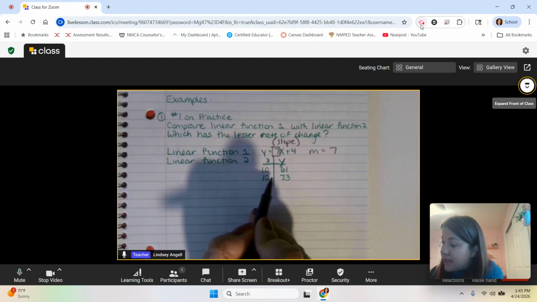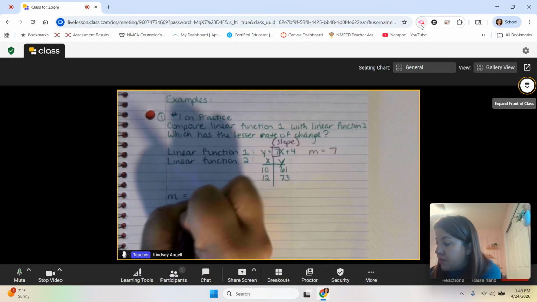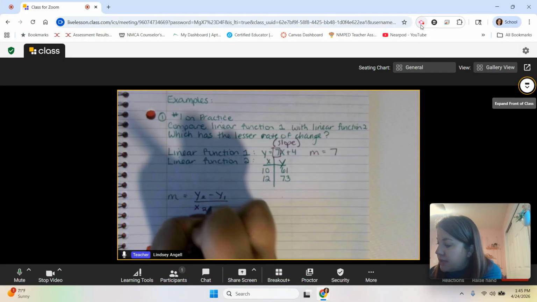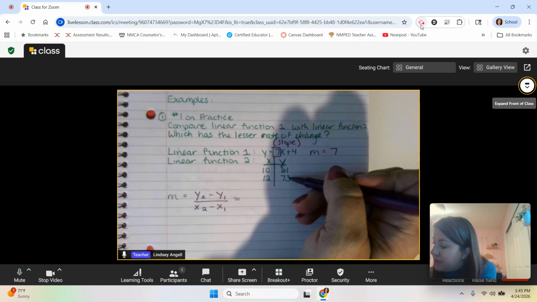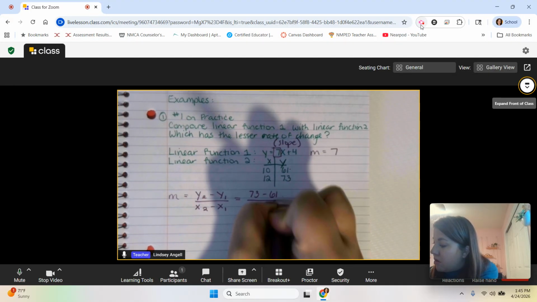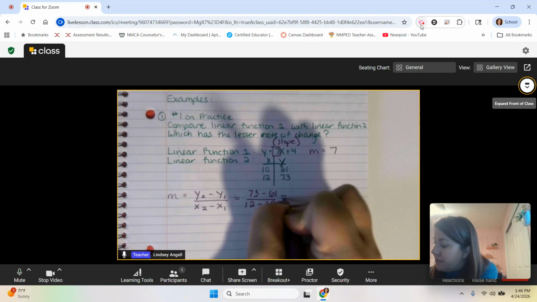With this next one, I actually have to use the slope formula, which if you remember is the change in the y values over the change in the x values. Okay, so in this case, that could be like 73 minus 61 over 12 minus 10.